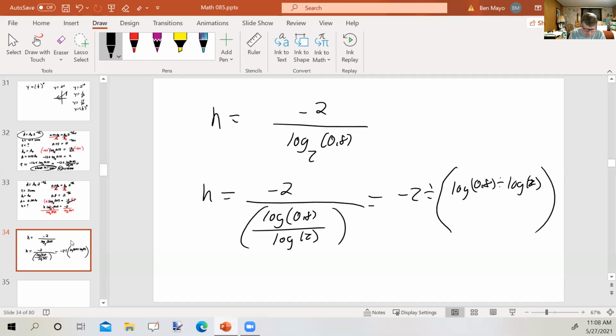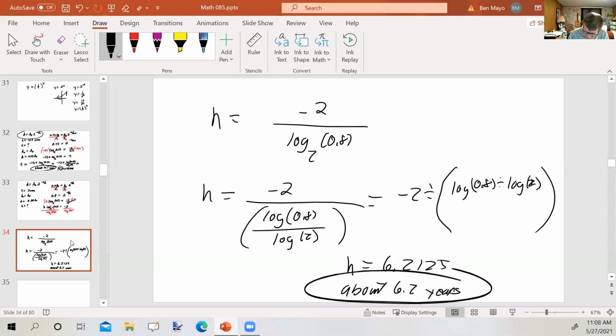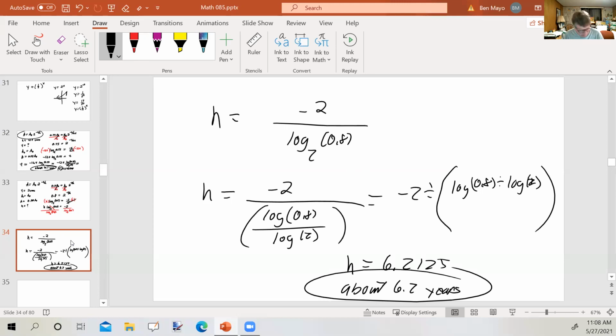So negative 2 divided by parentheses log of 0.8 divided by log of 2. Close that entire thing up, and I get 6.2125, etc. And they say about 6.2 years. So they rounded to the 10th of a year.